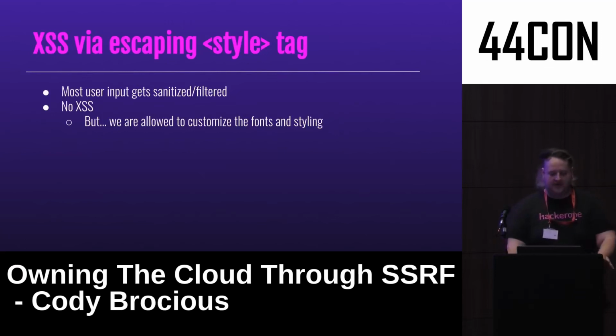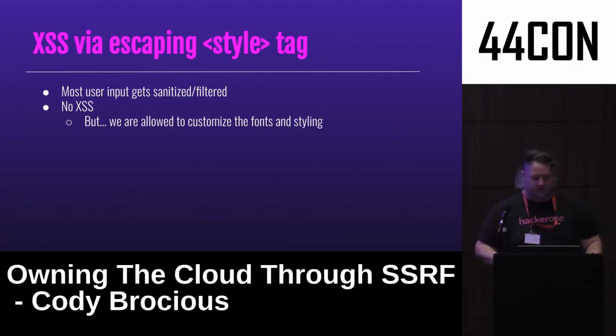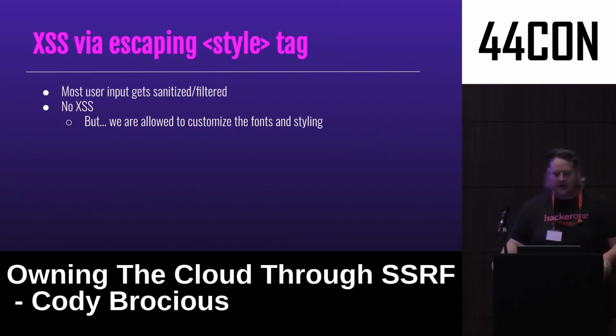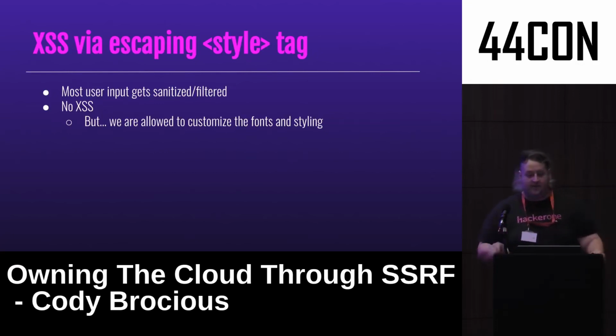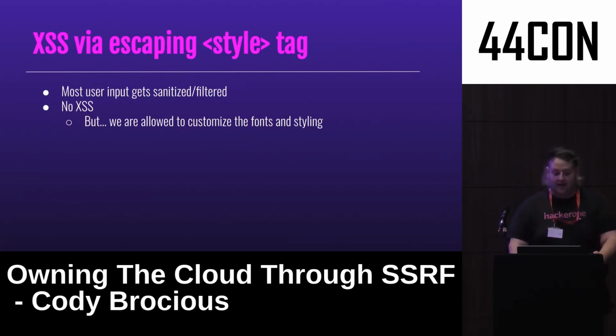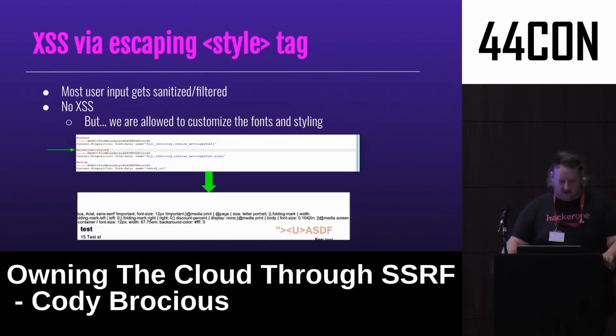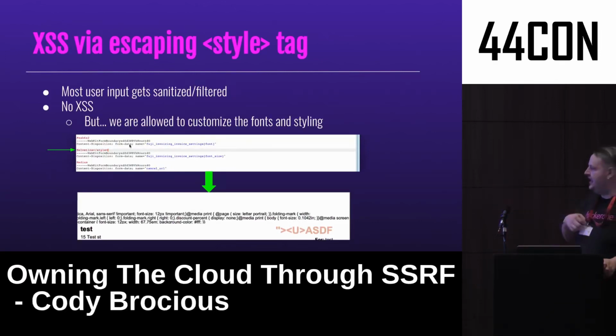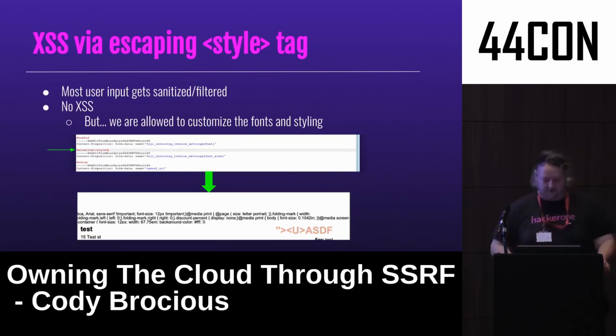One of the things to point out is, let's say you have an application that takes in some styles, you're able to theme these invoices, was the actual case here. In this case, we were able to escape the style tag because we were able to control, I believe it was the font color, or the font style. So just using Helvetica closing tag style was able to actually break the PDF and get us in there so that we had XSS.